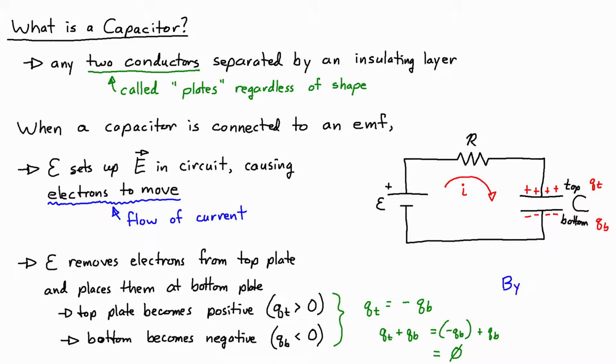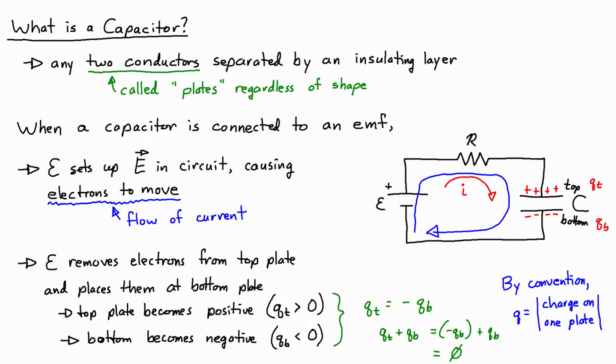And by convention, when we talk about the charge on a capacitor, we're really just talking about the charge on one plate. And we typically only take the positive value of that. We take the absolute value of the charge on one plate. In some rare questions, you'll actually have to consider the positive and negative separately. But most of the time when we're actually working with the circuit equations, we assume that it's just a positive charge on the capacitor.